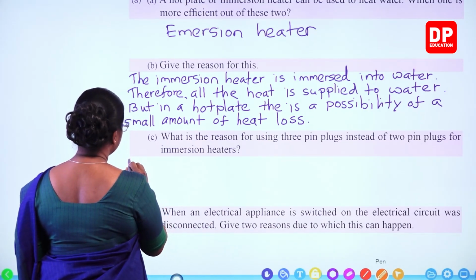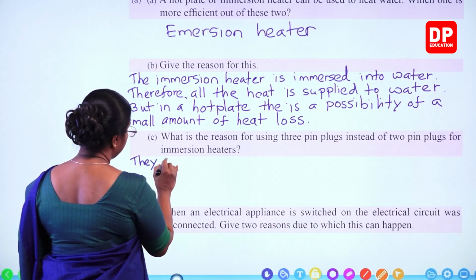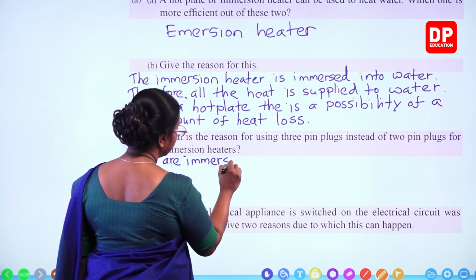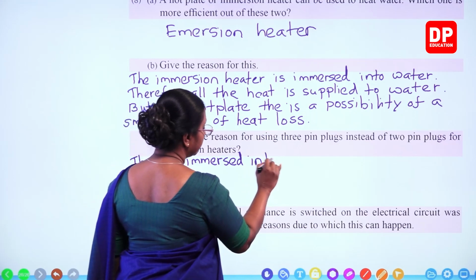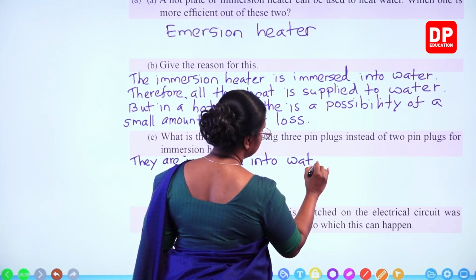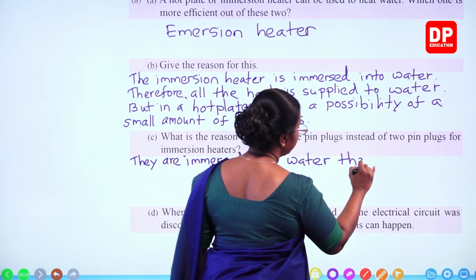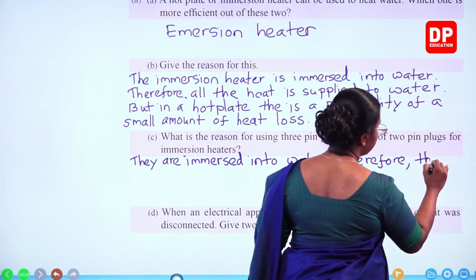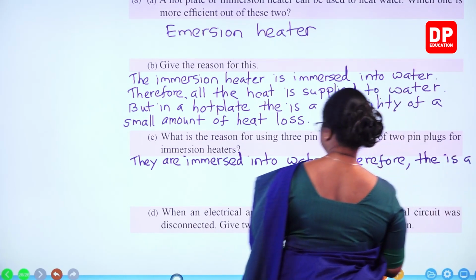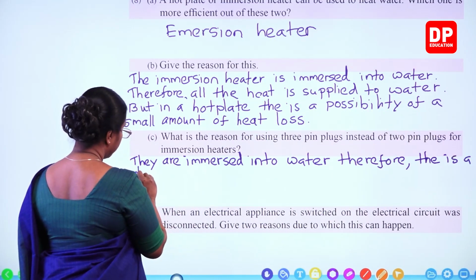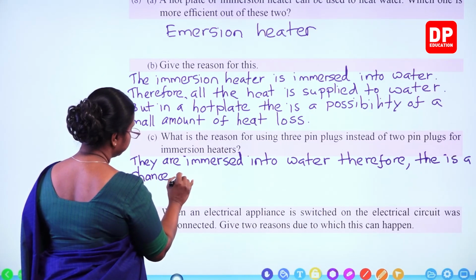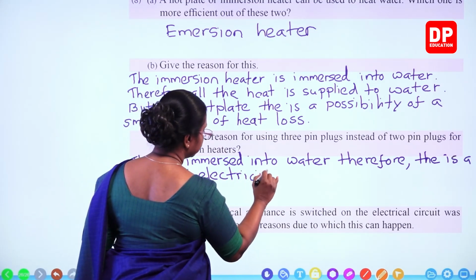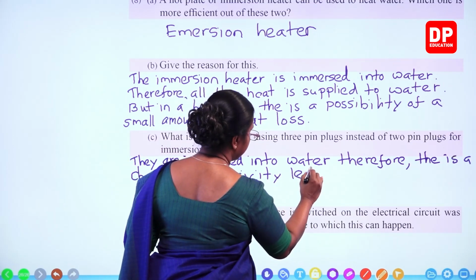So what is the reason for using 3-pin plugs instead of 2-pin plugs for immersion heaters? You can say they are immersed into water. Therefore, there is a chance of electricity leakage.